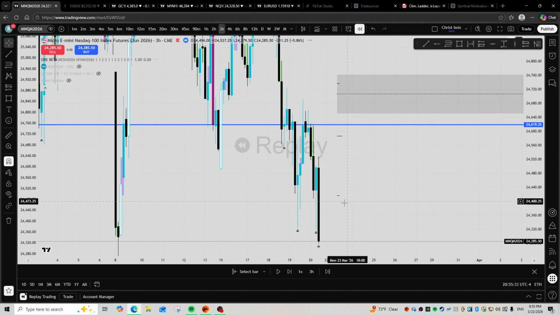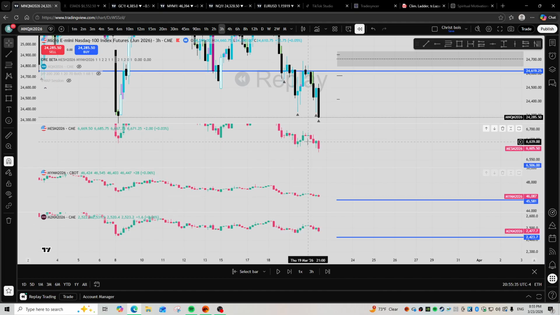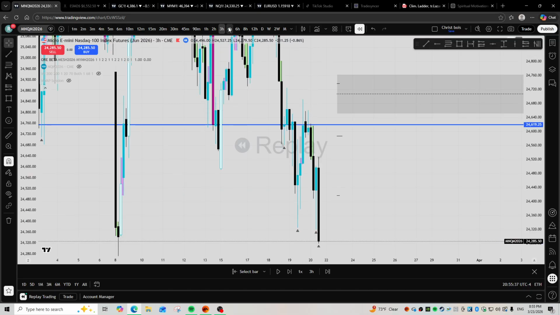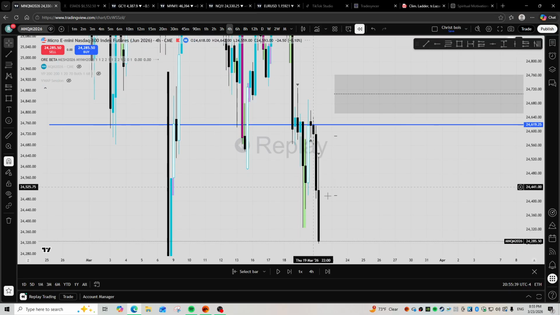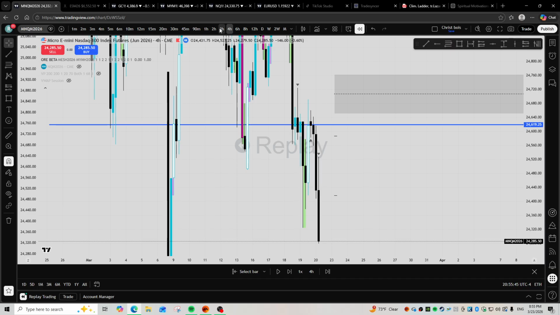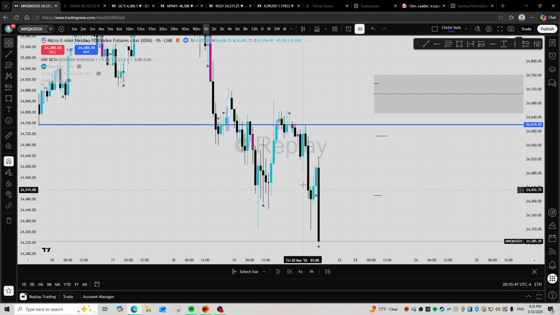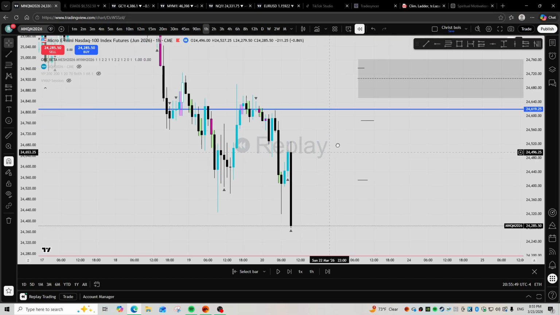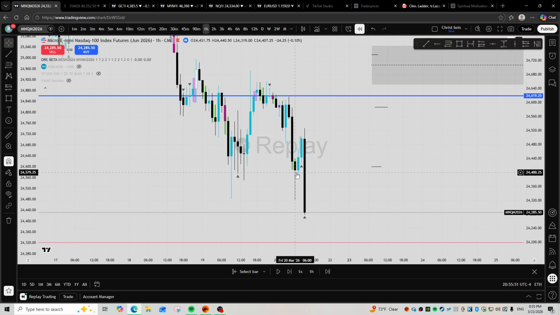And even on the 3-hour, obviously there's no swing on the 3-hour, but we had an idea that price would go lower, but only after this high. But obviously, since this wasn't the true low of that FRT, what do we see here?